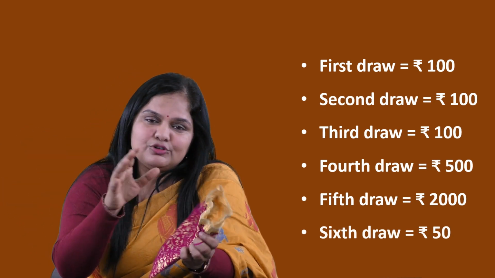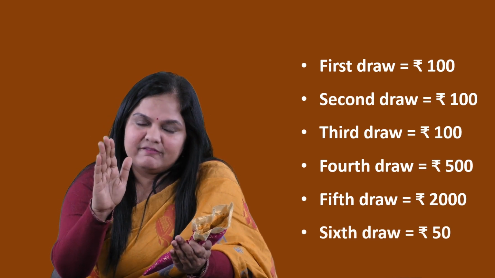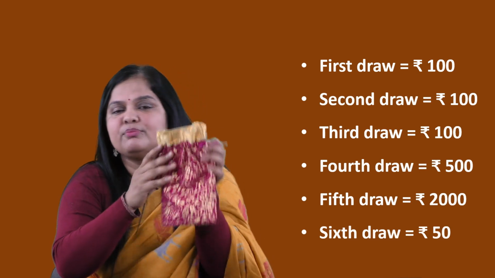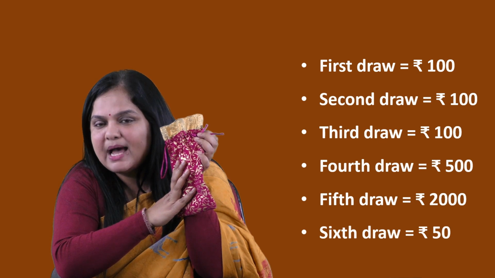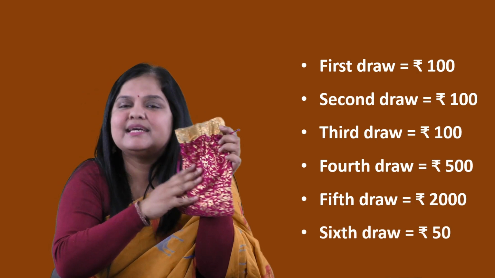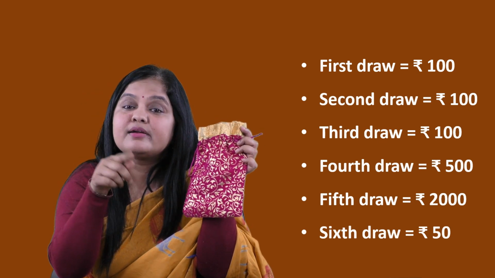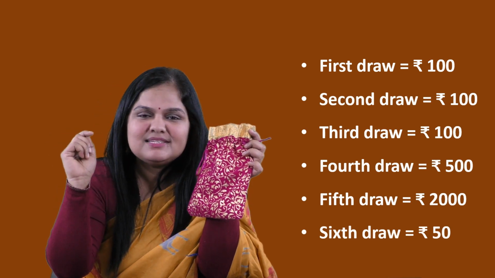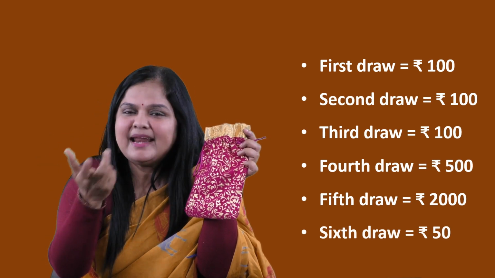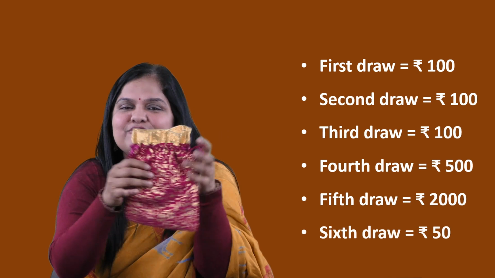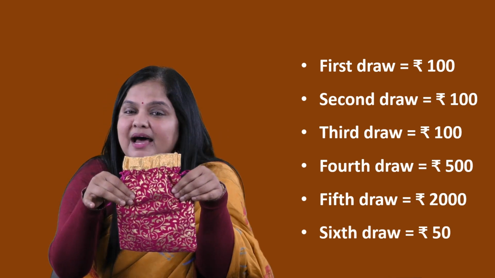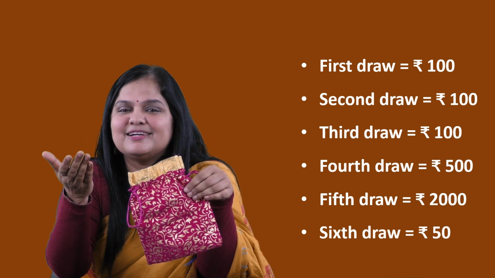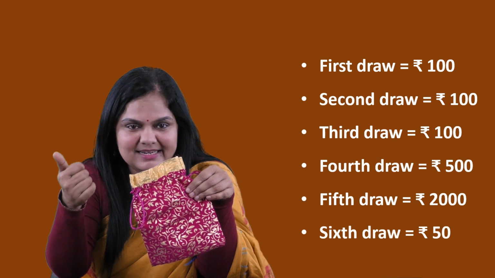So out of 7 times when you withdrew the money from this particular bag, what is happening? 4 times we are getting a currency note of 100 denomination. That means what? On an average, the currency notes which is there in this particular bag is of what denomination? Denomination 100, right? Is it okay?